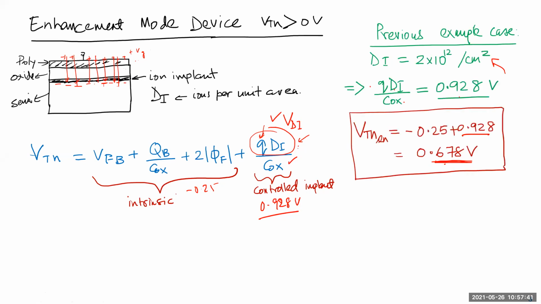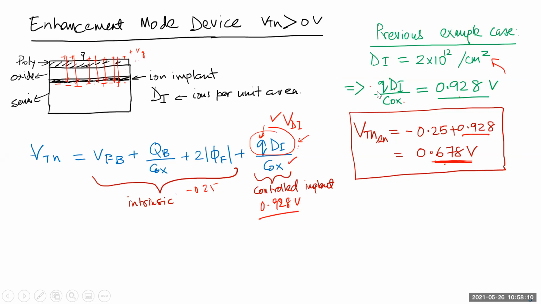And if you take the previous case now, like I just said before, I've given you a DI and I'm telling you what it is, but people usually go the reverse, right? So they say, oh, this is 0.18 micron technology, and I want at least 0.678 volt threshold voltage. So if it is 0.678, then you want this voltage, Q DI over Cox, to be 0.98.